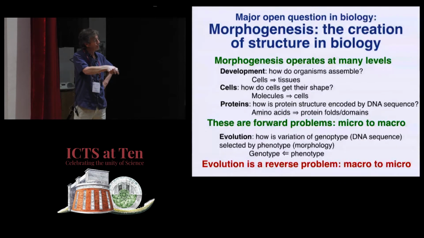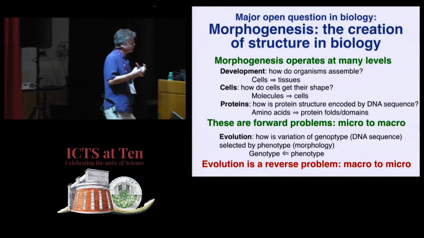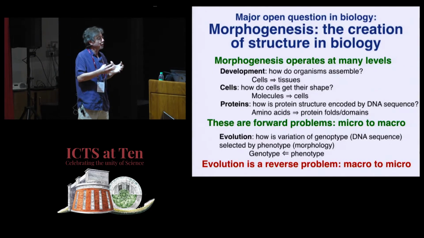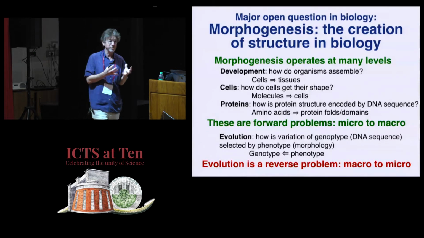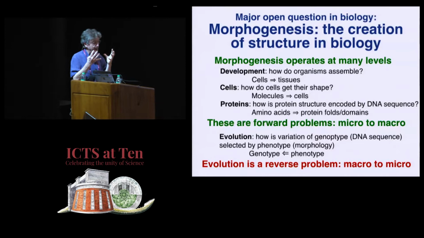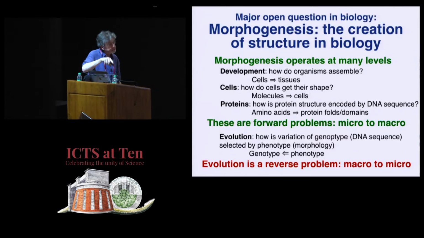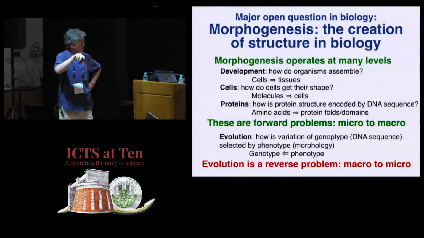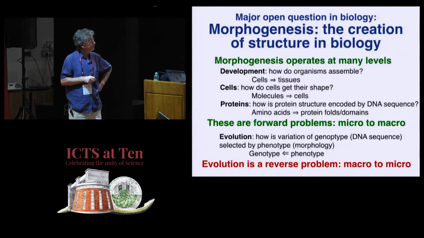So the macroscopic somehow selects the microscopic, and so morphogenesis goes from the genome to the phenome, and evolution is the process where it goes backwards in order to select for the right genome that will give you the phenome, which will circulate. It'll join the head to the tail and go around in a circle.